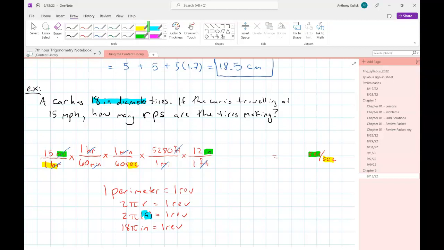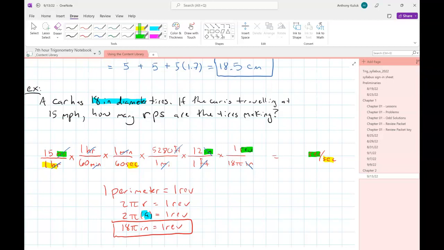Everybody's okay with that? Now it's time to use this conversion factor down here. So I can say 18 pi inches is 1 revolution. So the inches cancel, and I'm left with revolutions.